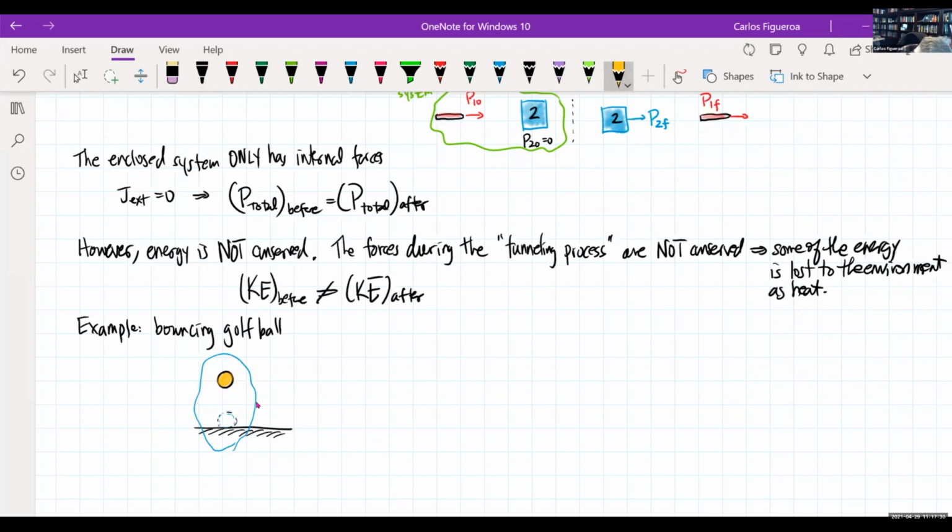And right before it hits the ground, it's going to have some momentum going in this direction.